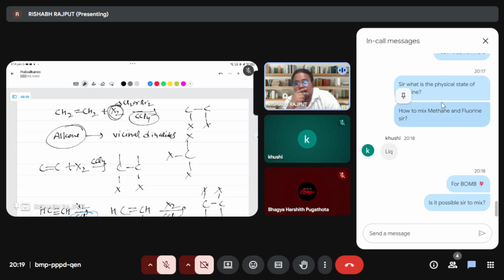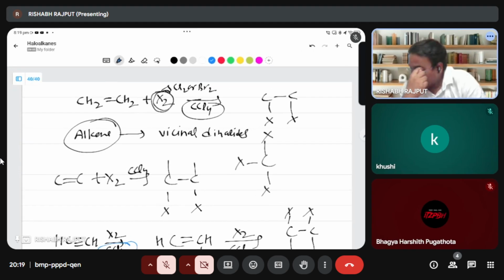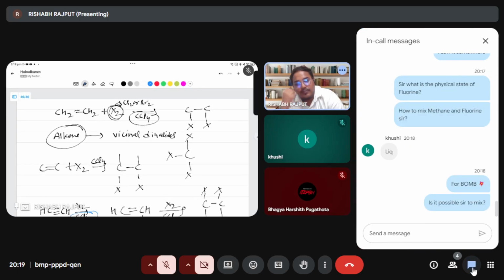If you mix like this, fluorine will not work. In this way we cannot mix, because fluorine is not a good choice. If it gets some heat, so much heat will be released.